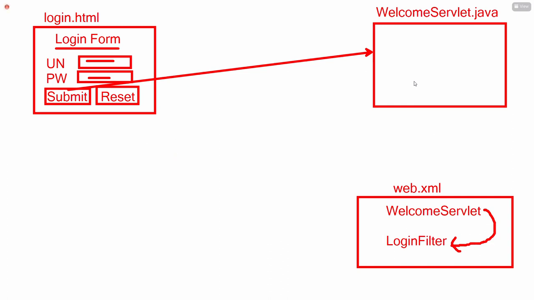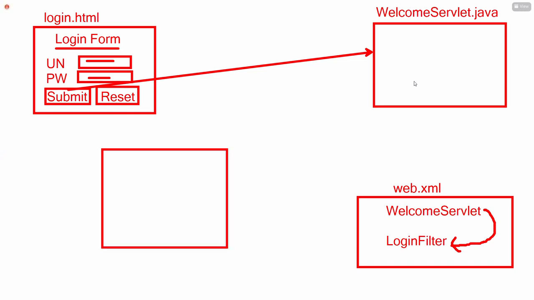I'll write here. Here login filter. Now observe, when you click on submit button, control comes to the welcome servlet. What I have written here: whenever a request comes to the welcome servlet, divert the control to the login filter. Here control is diverted.